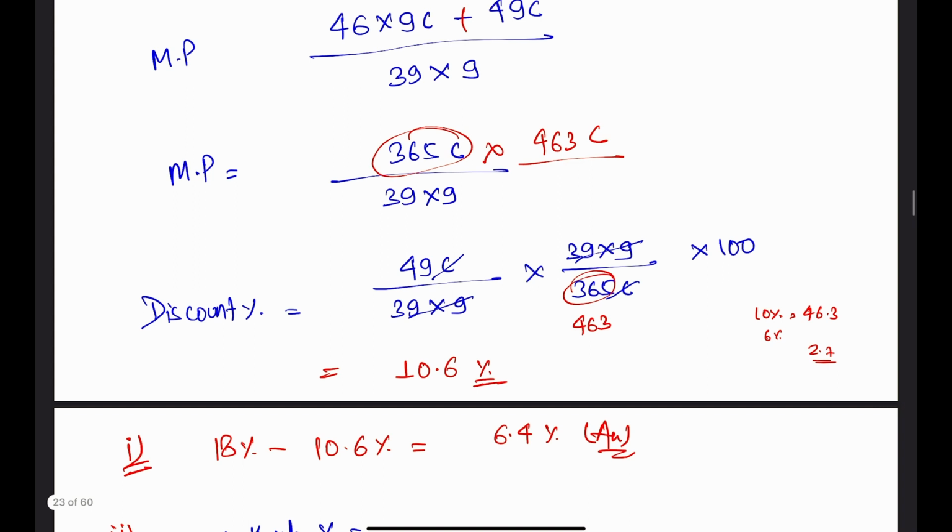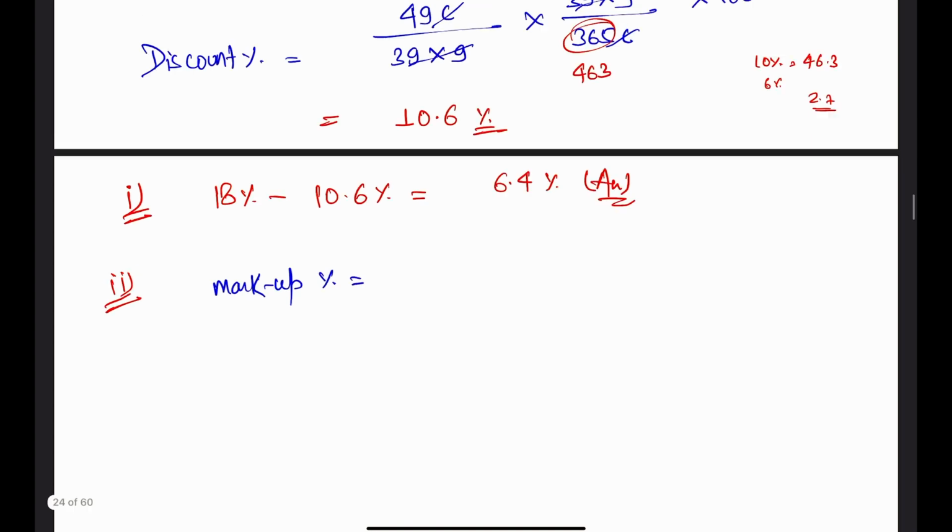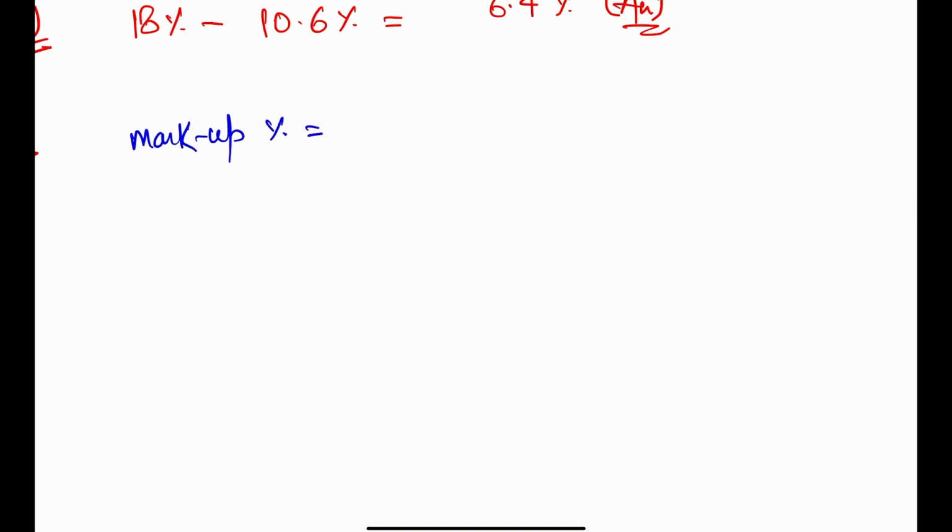So my markup value is this much. Okay, I suppose I need to multiply now. So markup percentage is markup value minus cost price upon cost price. So C will be going away, but there is one more thing.